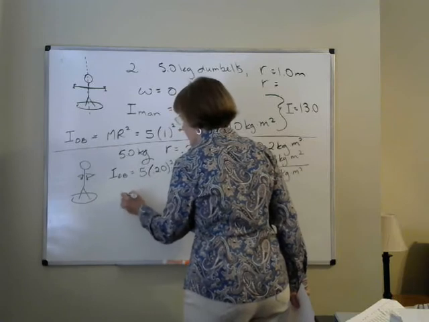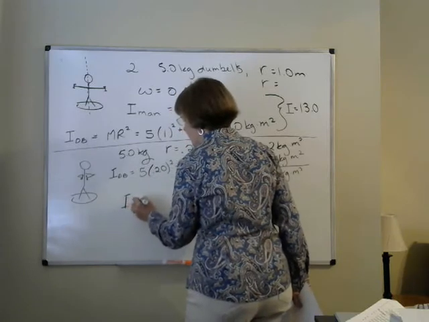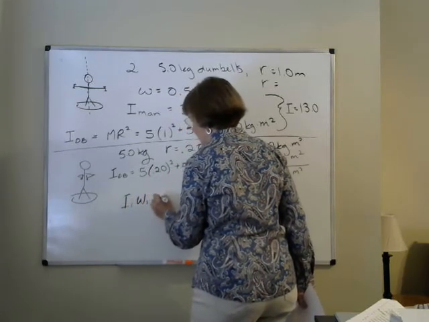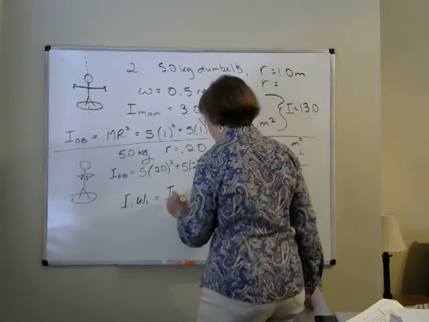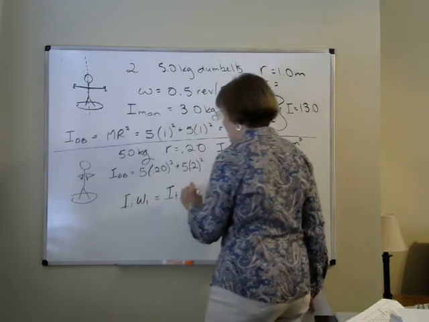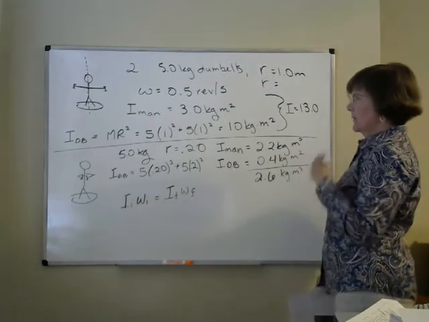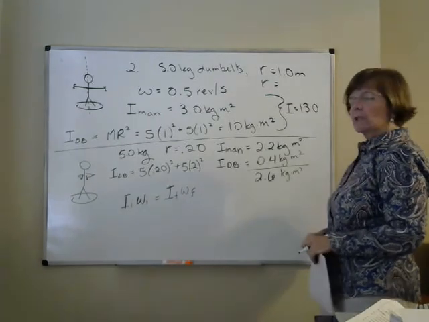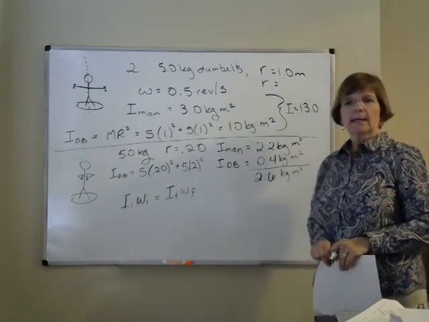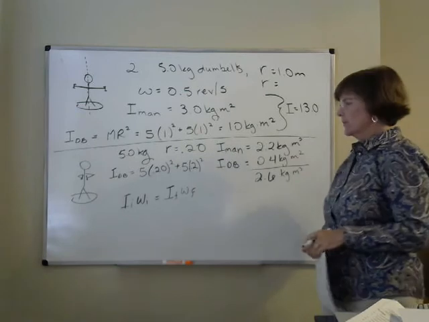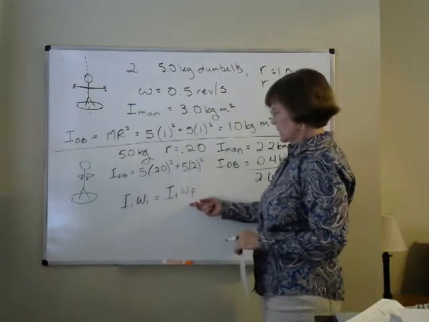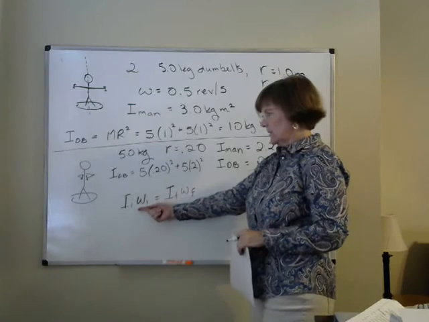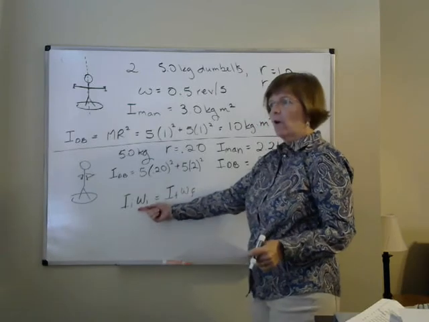Conservation of momentum says I initial omega initial equals I final omega final. Now, we usually like things to be in SI units, but truthfully, if you look at this, it doesn't really matter what unit omega is in this angular velocity.